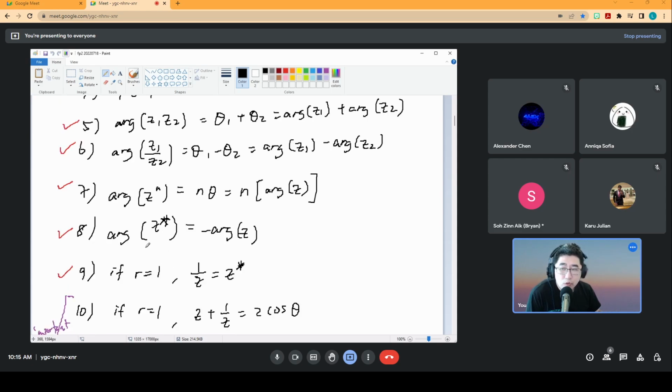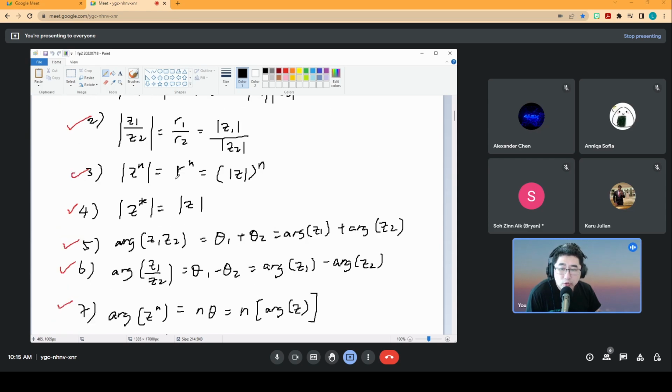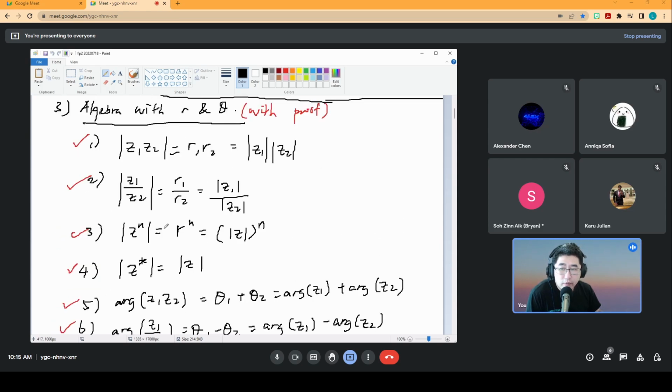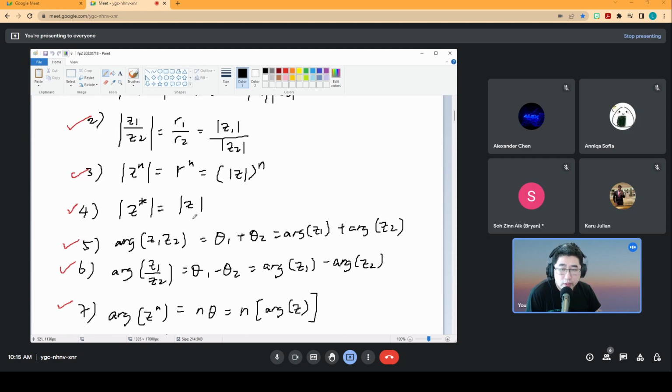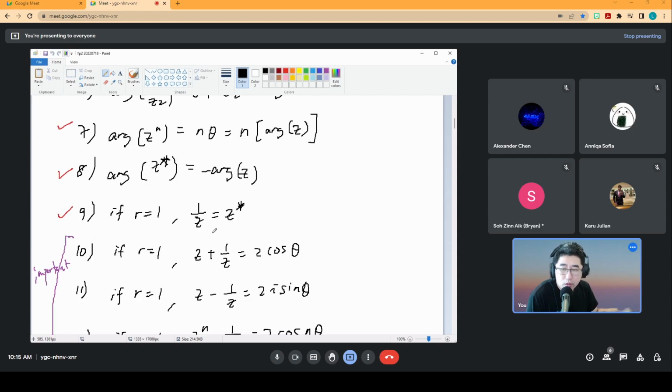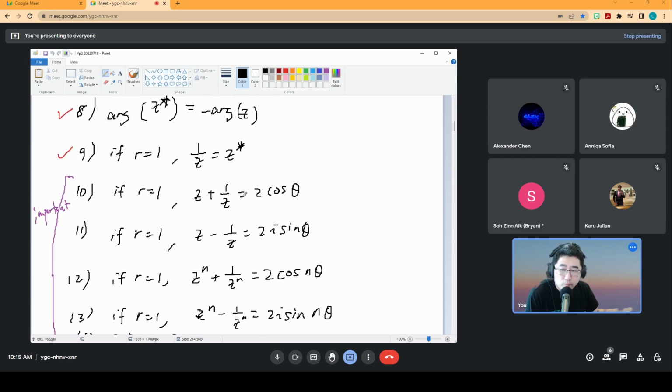So from 1 to 8, they are the general rules. You are expected to know the relationship between the modulus and the argument. Then from 9, if r equals 1, if the modulus equals 1, then 1 over z is the same as the conjugate. Therefore, comes the important part that you are expected to remember.